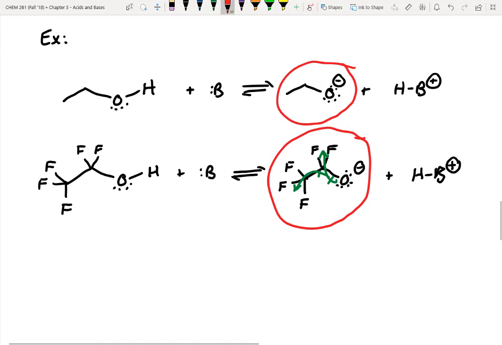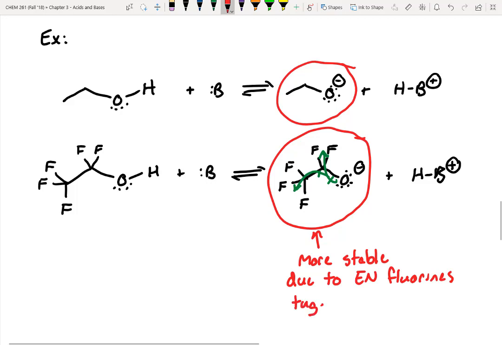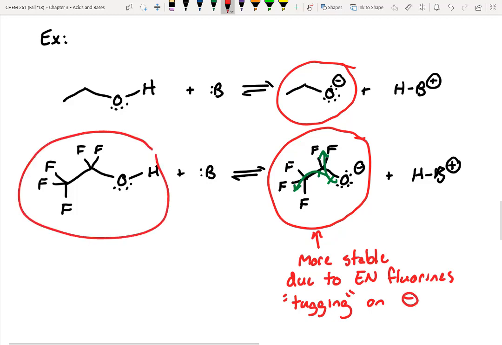So let's say more stable due to electronegative fluorines tugging on the negative charge, right? That makes it a bit more stable. That means this is a stronger acid. Make sense?